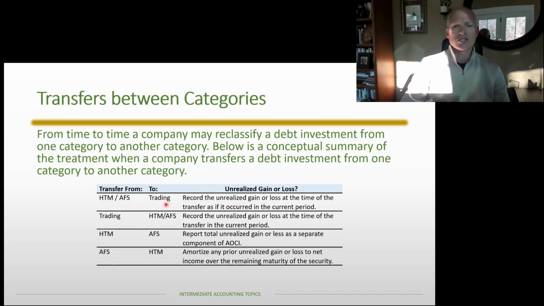And then when you classify it as a trading, it's going to come on your books at that updated fair value. So you're just going to recognize the gain or loss, and then you're going to carry it at the new revised fair value. So after that, there's going to be additional fair value adjustments, but it would be done under the trading security guidelines. You can also go from trading to held to maturity.